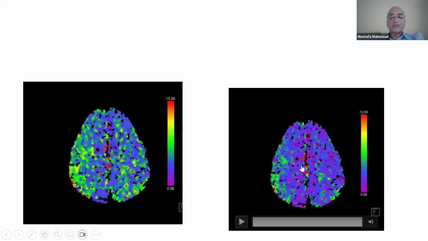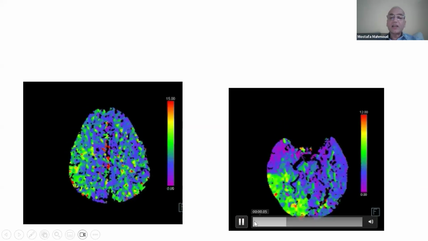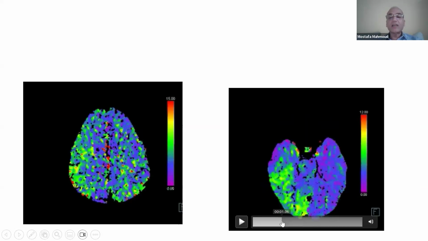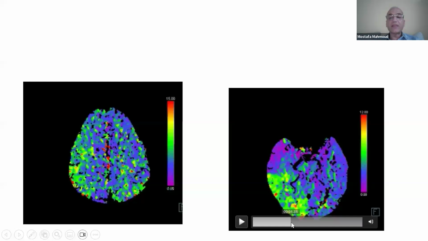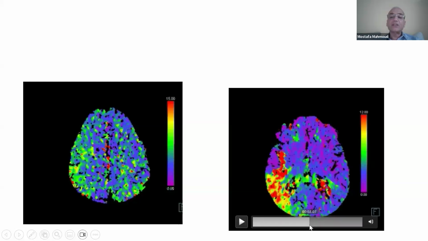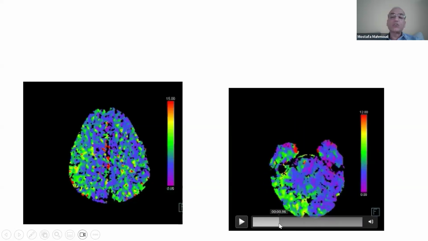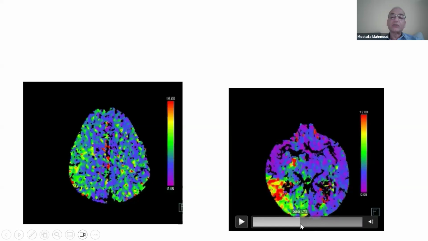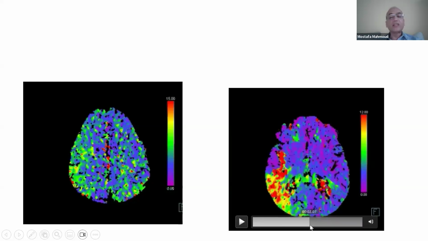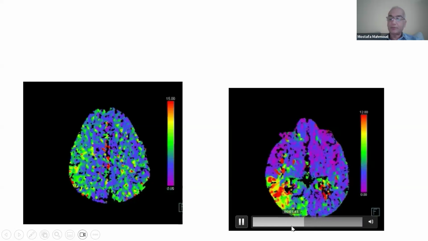I can see that it is mostly in the occipital lobe rather than a pure MCA territory affection, despite that the ICA was occluded. Look at this, mostly in the occipital lobe.